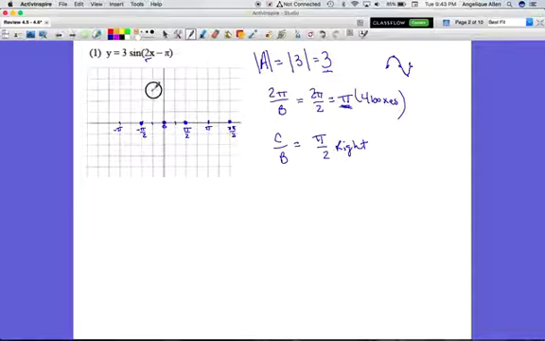Having taken care of the phase shift already, halfway between the middle and end, I'm going to go down my amplitude height, and then I'm here, and I'm going to repeat the pattern, beginning up, middle, down, middle. So watch this, middle up, middle down, middle up, middle down, middle.